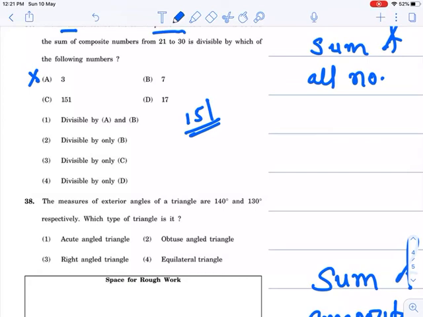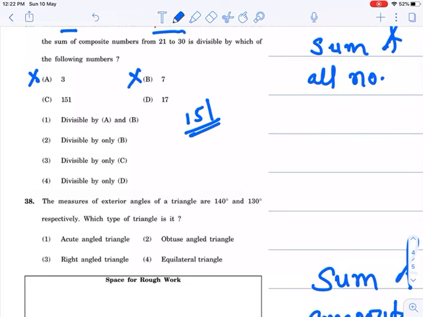7, can we divide 151 by 7? It is not divisible by 7. We cannot use the test for 7 here because the test for 7 is useful for greater numbers, 4 digits, 5 digits. In that division we can use the test for 7. Here we can try directly 151 divided by 7. It is not divisible by 7.